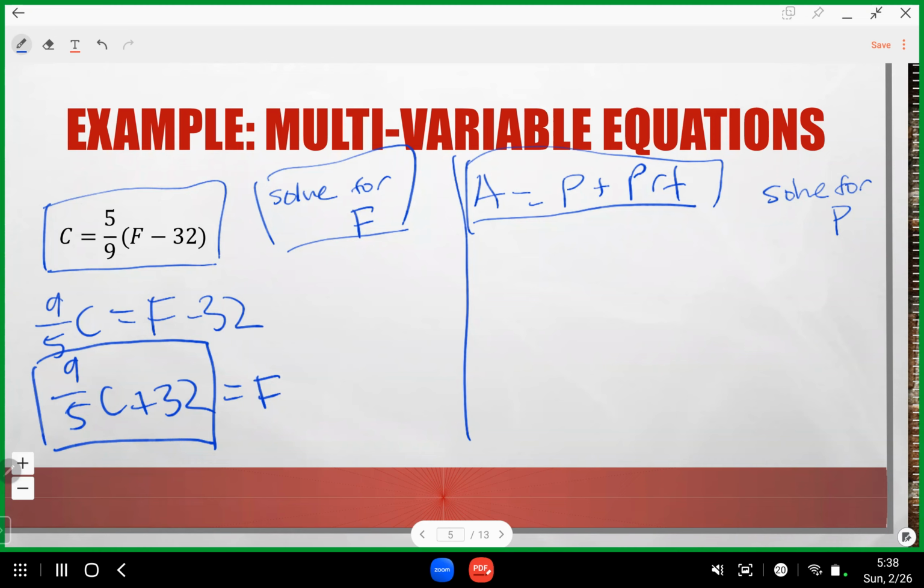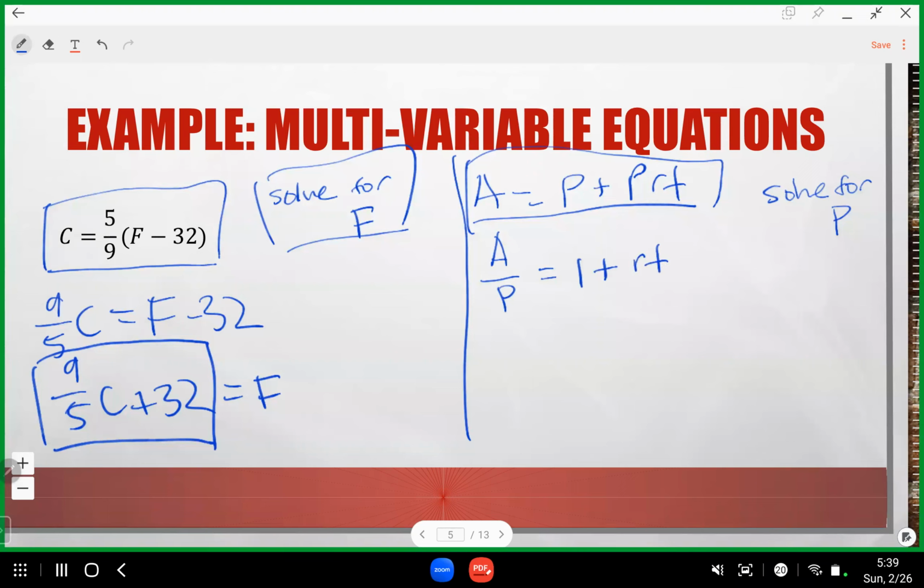Oh, we first divide everything by P, every term. So then it is A over P equals 1 plus RT.